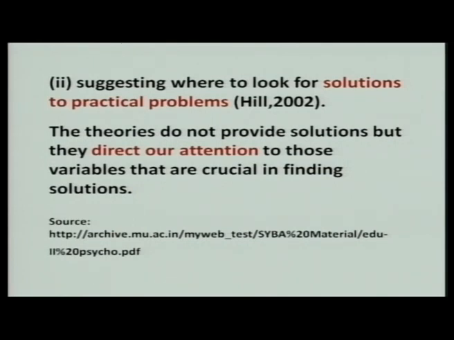Learning theory suggests where to look for solutions, but learning theories do not provide solutions directly. They direct our attention to those variables that are crucial in finding the solutions. So, you will have to keep in mind, learning theories do not provide solutions directly. They direct our attention to those variables that will be important in finding the solutions. So, we will have to find the solutions, taking clues from the learning theories.